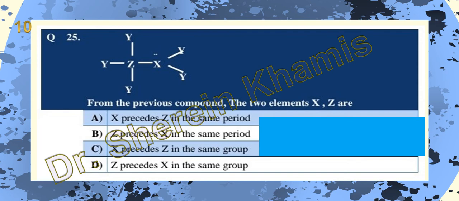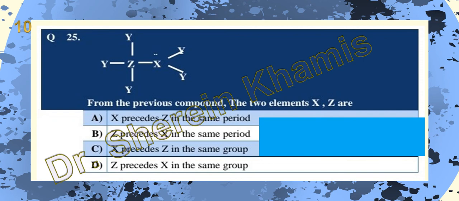So X will contain fewer electrons than Z. As we said before, X has 1 lone pair unbonded. The options are: X precedes Z in the same period, Z precedes X in the same period, X precedes Z in the same group, and Z precedes X in the same group.